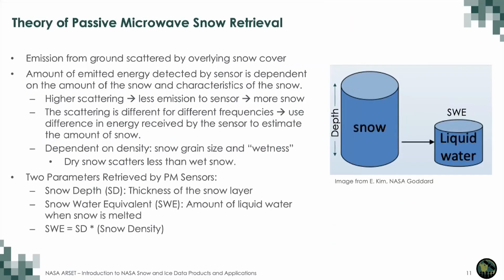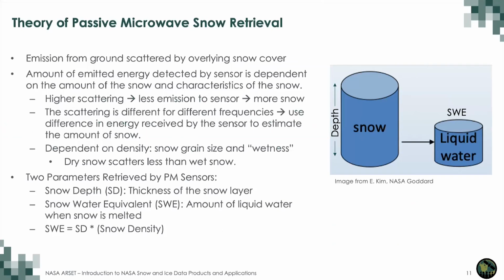Now, in terms of passive microwave snow retrieval, as I mentioned, essentially what we're measuring is emission from the surface. It's emission from the ground, and then it's scattered or attenuated by the overlying snow cover. And the amount of energy that gets through the snow up to the sensor is dependent on the amount of the snow and the characteristics of the snow, as well as the microwave frequency that you're measuring with.